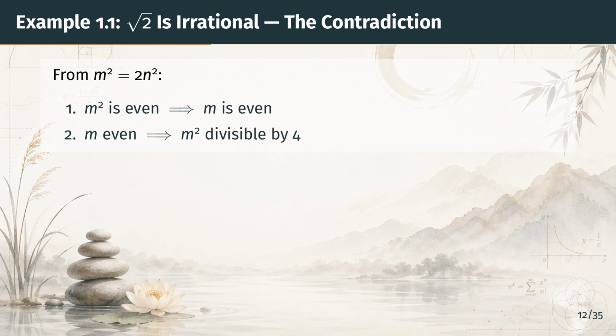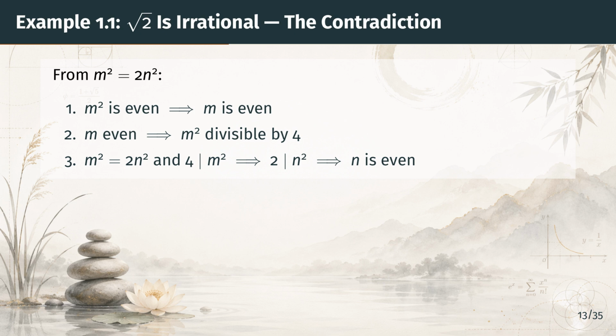Since m is even, we can write m as 2k for some integer k. Then m squared equals 4k squared, which means m squared is divisible by 4, not just by 2. This extra factor of 2 is what we will exploit in the next step to show that n must also be even.